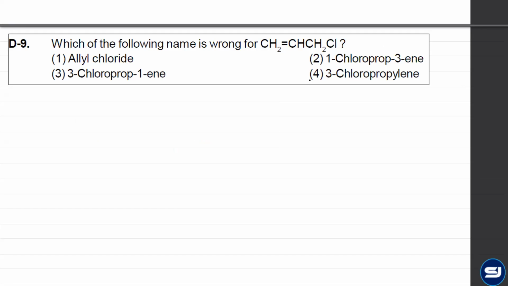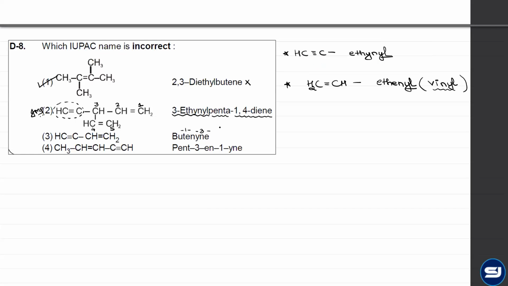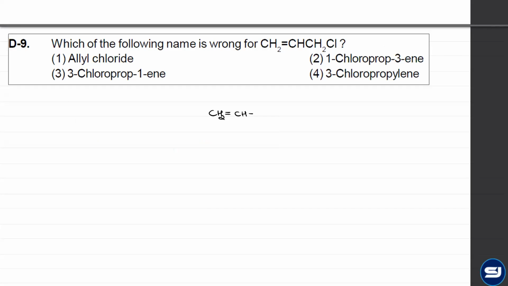Next, which of the following names is wrong for the given compound? Now, if I just break down the compound, the first part, CH2=CH, is called vinyl.